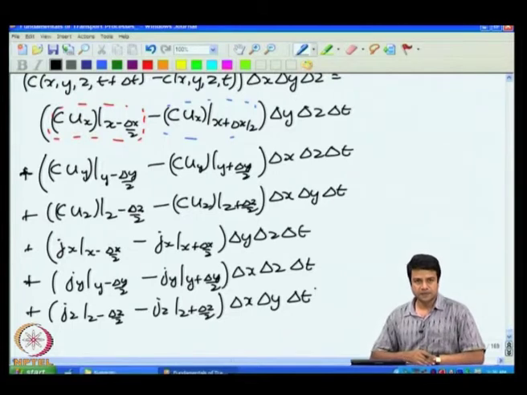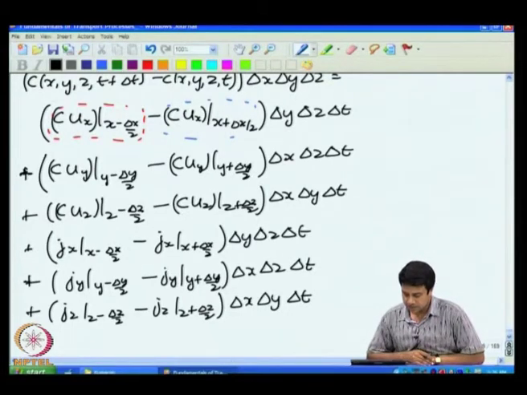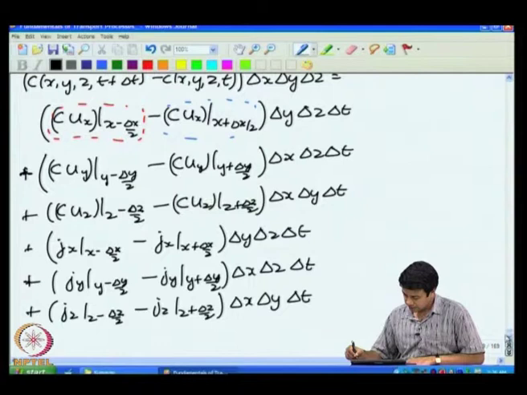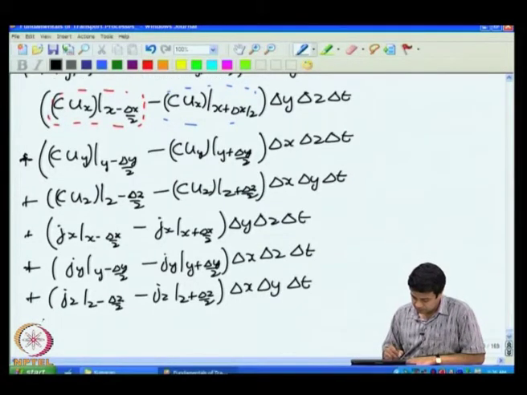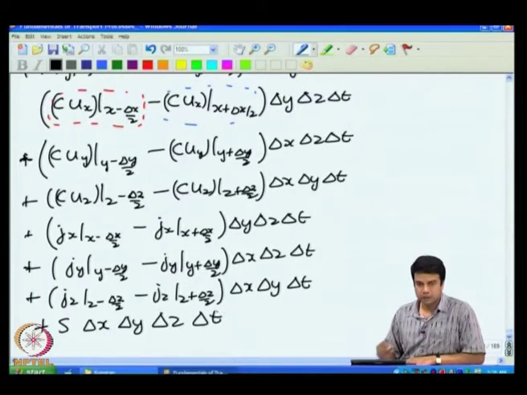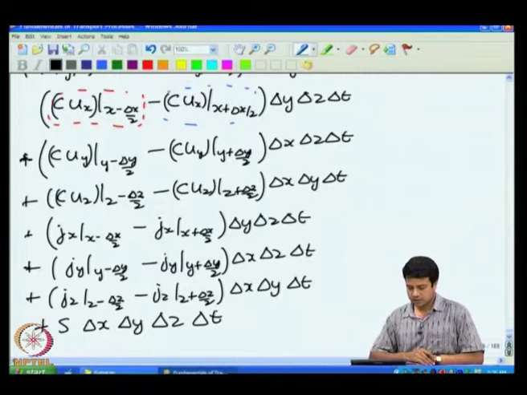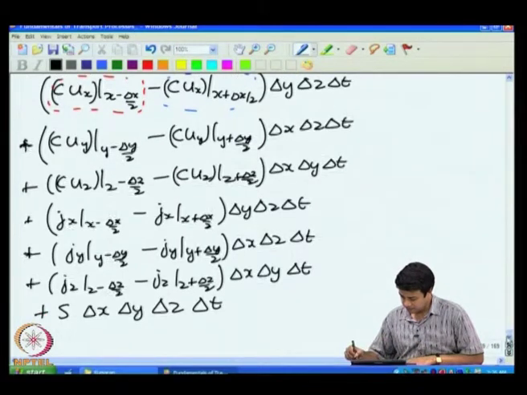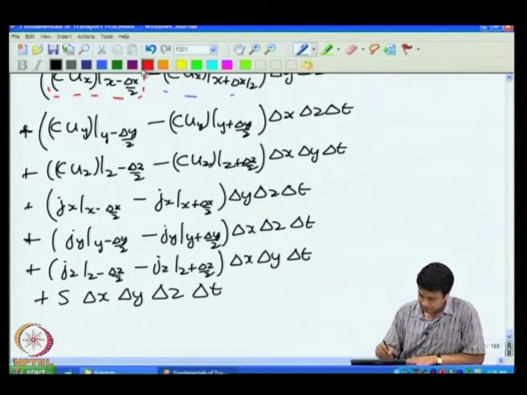So, this is the final expression for all of the masses coming in, going out. And in addition I have the source term, which is S delta x, delta y, delta z, delta t. So, this is the final long expression. And now I can divide throughout by the volume and time.